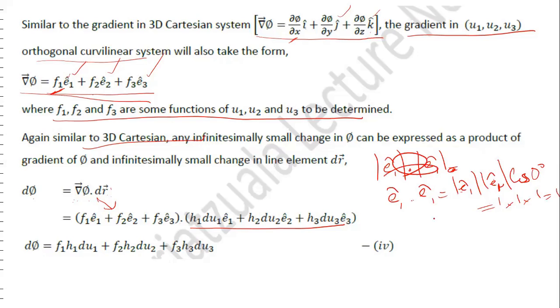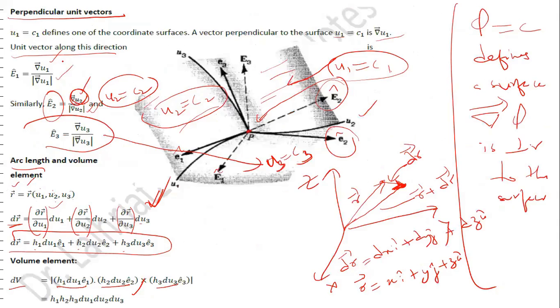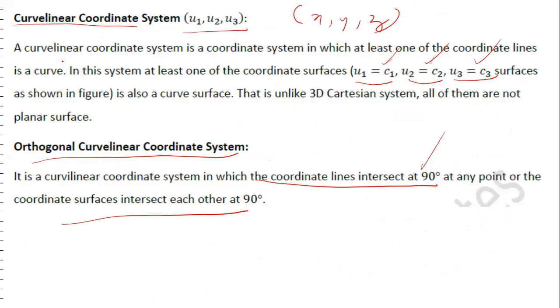But if it is an orthogonal curvilinear system, how do we define orthogonal curvilinear system? If you remember, we define orthogonal curvilinear system as a curvilinear coordinate system in which the coordinate lines intersect at 90 degree and the coordinate surfaces intersect at 90 degree.